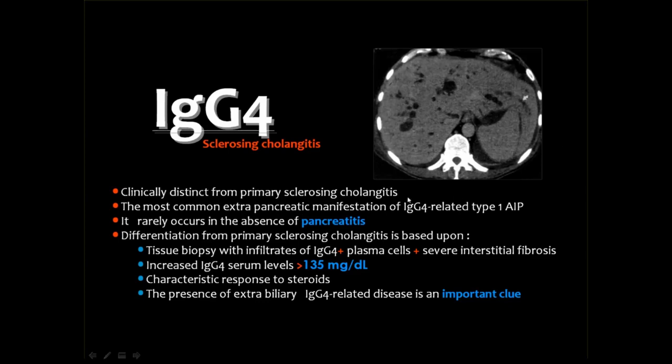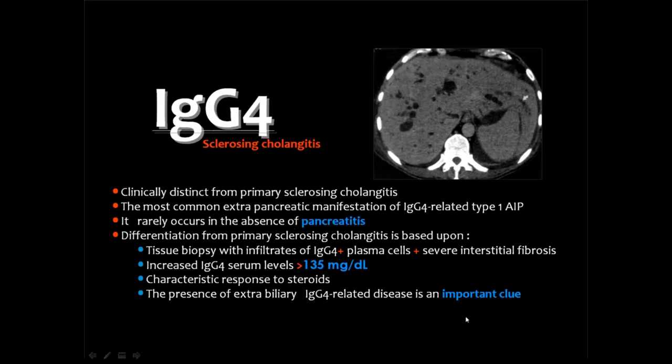In the literature, they consider autoimmune pancreatitis the biggest issue in this group. Then it is followed by sclerosing cholangitis. This sclerosing cholangitis rarely occurs in the absence of pancreatitis.